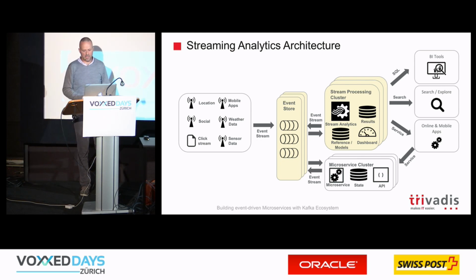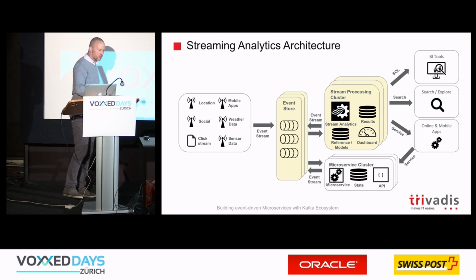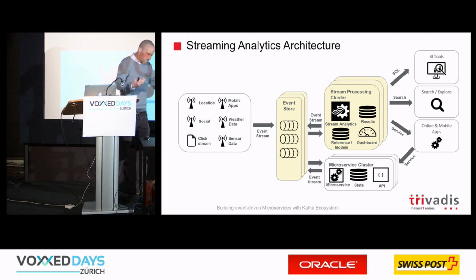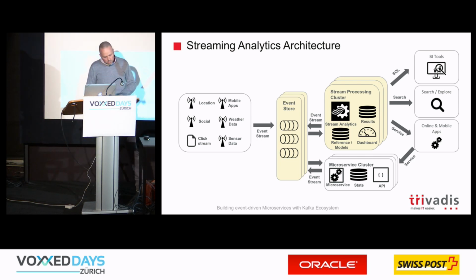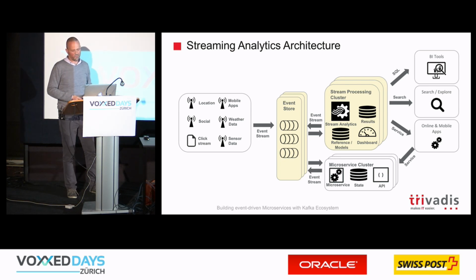Maybe doing something is calling a service, like over here, calling a traditional system, because you have now found that an anomaly happened, so you want to inform something, or you want to invoke a certain business process. This is what either stream processing or a microservice can do at some point, based on an event, of course.